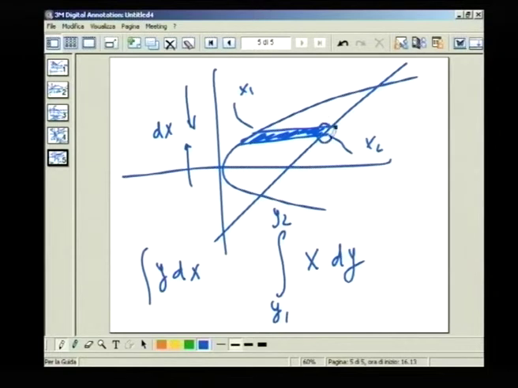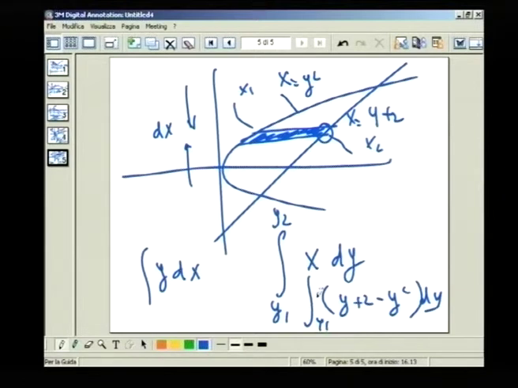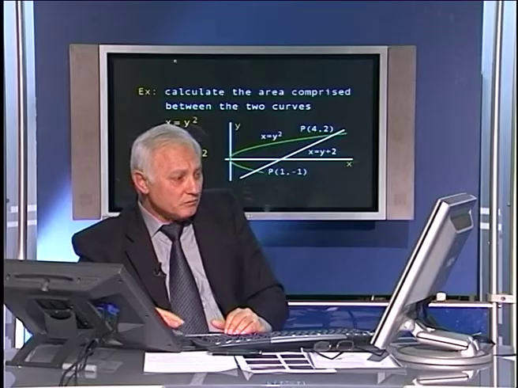So what's the value of x here? x is equal to y plus 2, and this x here is equal to y squared. So which is greater? This one. So you can put x1, which is y plus 2, minus y squared, and you integrate with respect to y. Here you have your curve.